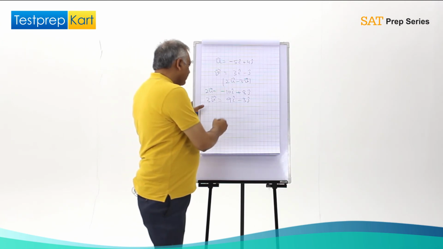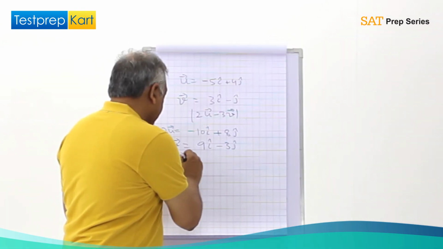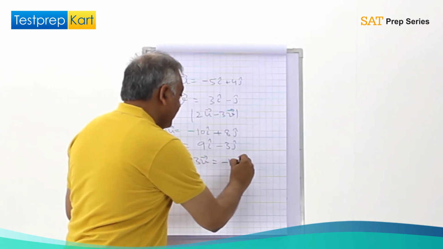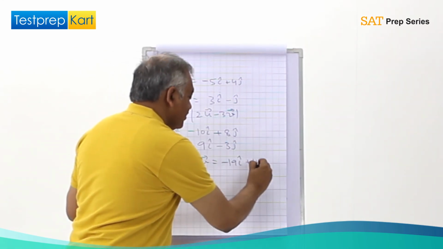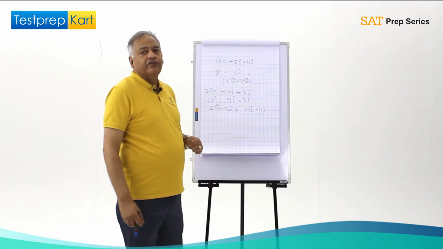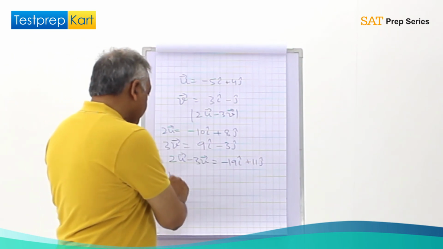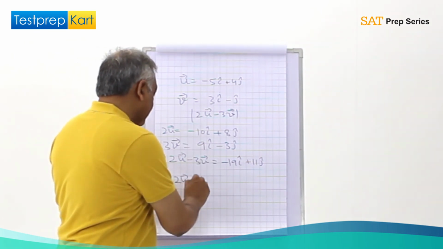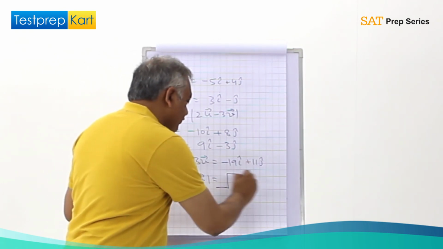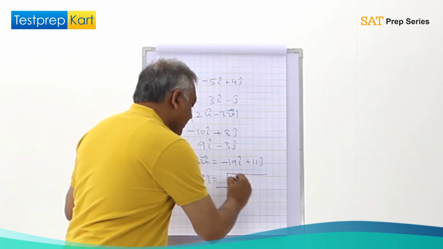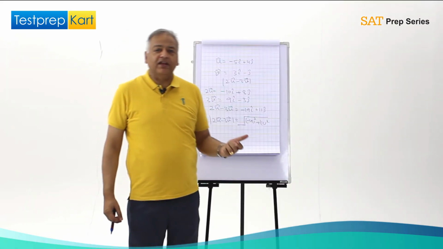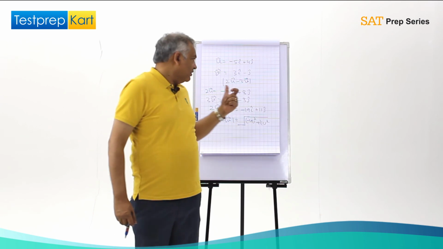Now, 2u minus 3v will become minus 19i plus 11j. And ultimately, finally, my answer is, that is modulus of 2u minus 3v, that will be equal to square root of negative 19 squared plus 11 squared. So that gives you magnitude of a vector in this particular form.